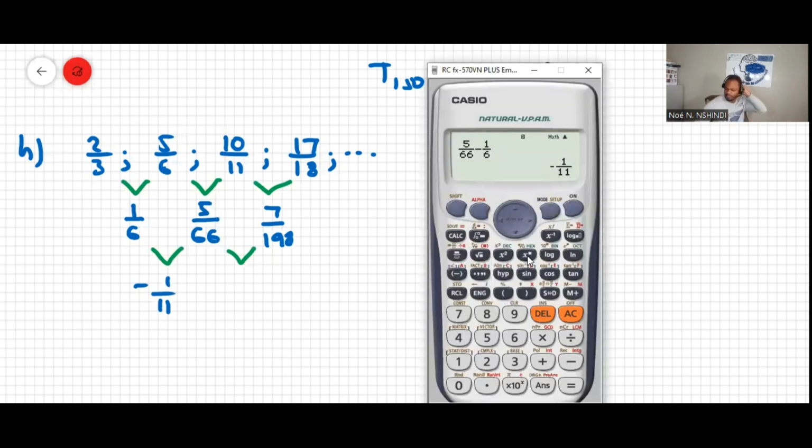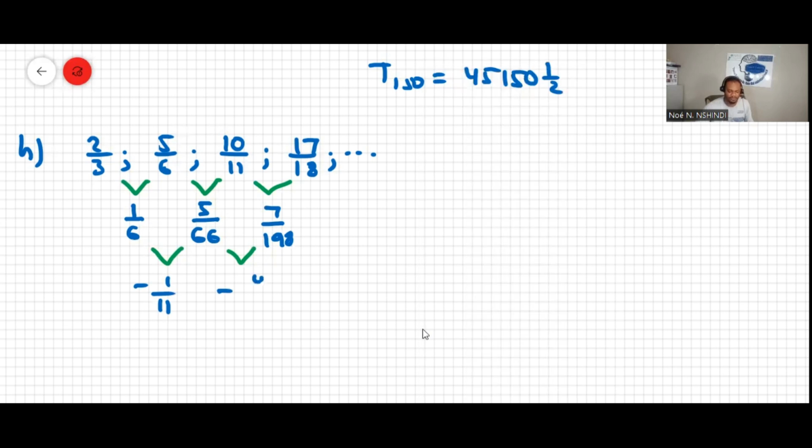And then let's see if we get the same for 7/198 minus 5/66, and this is equal to negative 4/99. Now we can say this is a quadratic pattern.